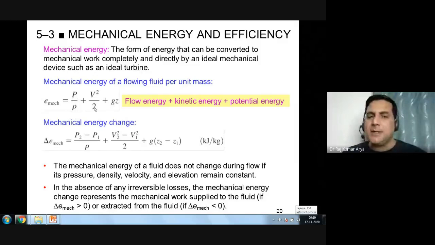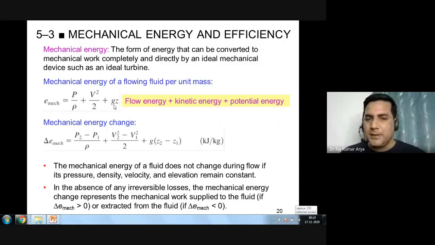This is the energy in terms of what? Practically you will get mgh. So mg is the weight of the flowing fluid, and mg has gone away from here. If you are writing in terms of z, you are calculating the energy of the flowing fluid per unit weight of the fluid.